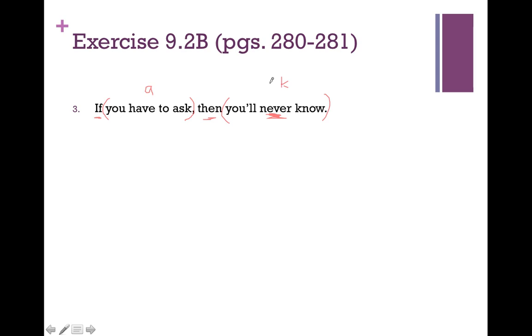So we're going to have to use our tilde to represent the consequent of the hypothetical. The hypothetical here is the if-then. The consequent is not know. And the way we symbolize not know is we use the tilde for not and the K for know. And here's how you would put this proposition into symbolic form. If A, then not K.